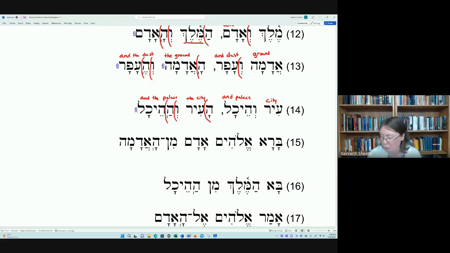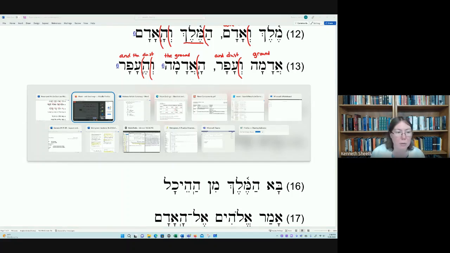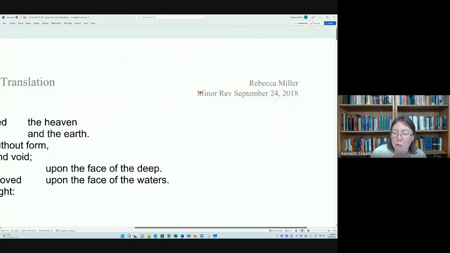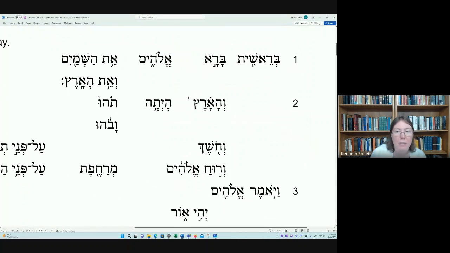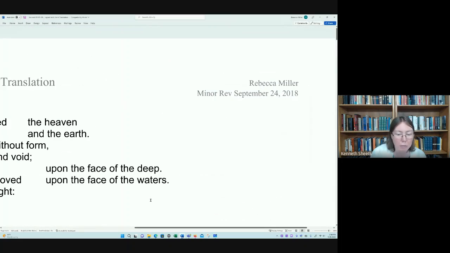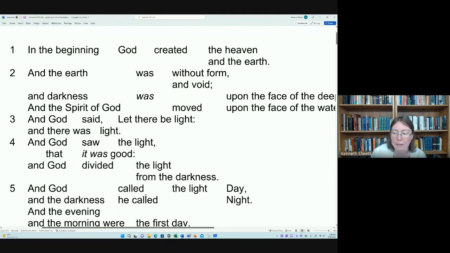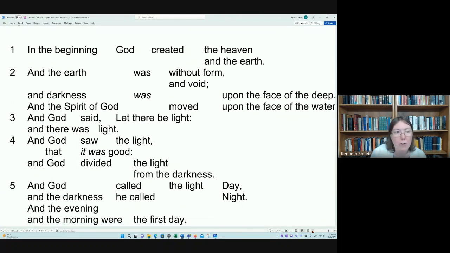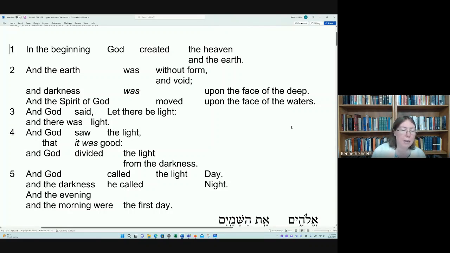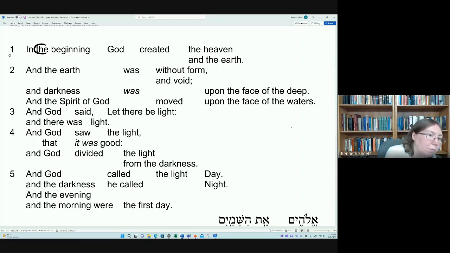Now, what I'd like to do is to go on over back into Genesis 1 through 5, and let's see if we can find some articles in that particular text here. Now, reading through the English text, I can definitely see that there would be some definite articles here. So notice in the beginning, I might anticipate seeing an article there.